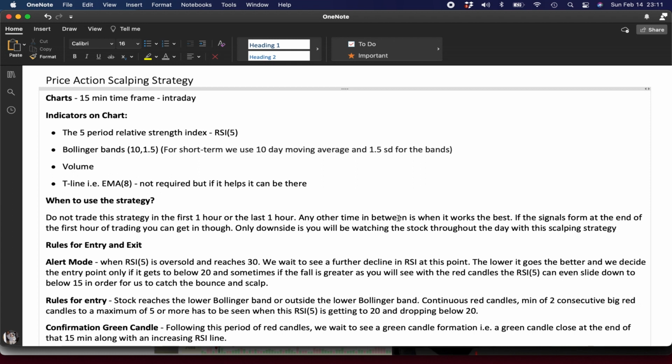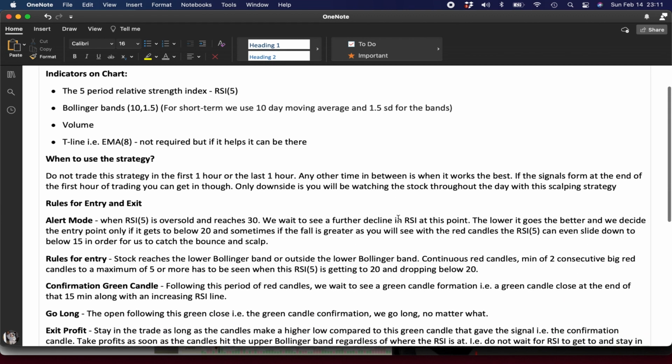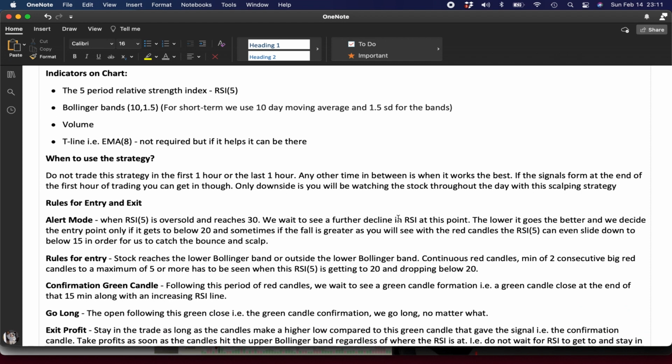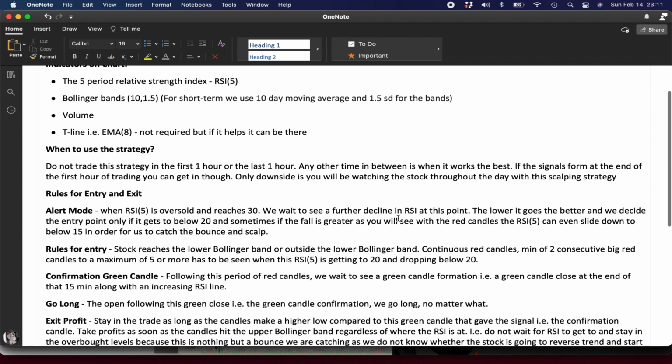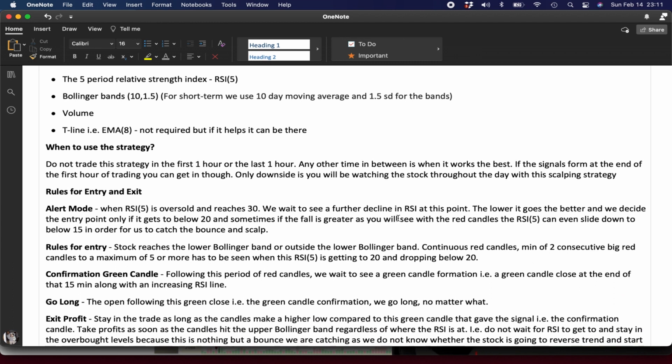So you'll have to pull up the charts and the candlesticks on a 15-minute time frame, and you'd have to add the following indicators that I've listed here. The 5-period relative strength index, which is the RSI 5, and the Bollinger Bands. Now, I think in the previous video I mentioned that for short-term trading we use the 10-day moving average and 1.5 standard deviation for the bands.